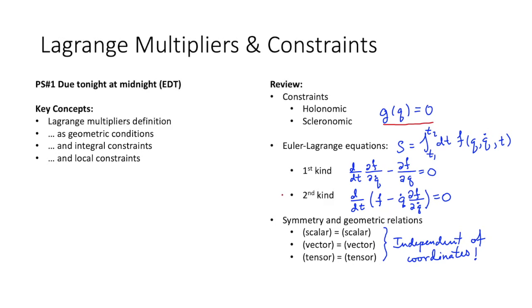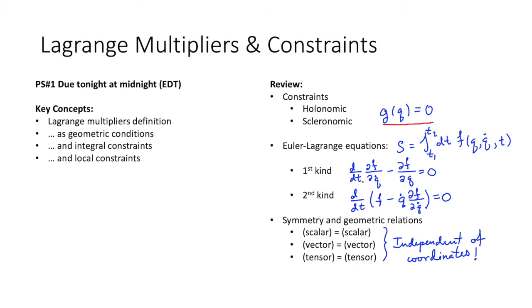The second thing to recall is that when we have an integral condition that we want to find stationary states of, minima, maxima, saddle points of, that looks like this. It has some integral, we called it s, from time 1 to time 2, over time of some known function a priori of the coordinate, its time derivative, and time, that this was made stationary if these coordinates satisfy the Euler-Lagrange equations.